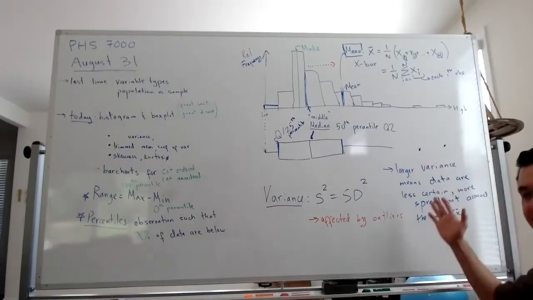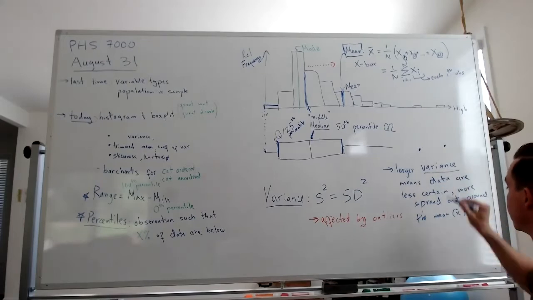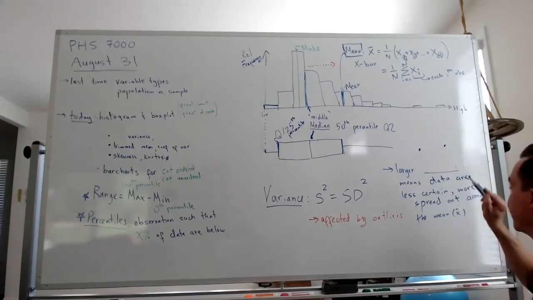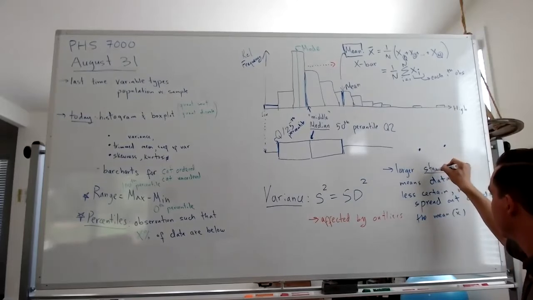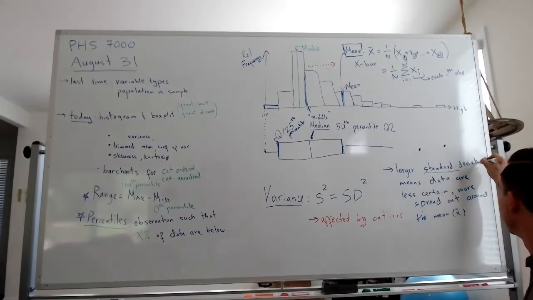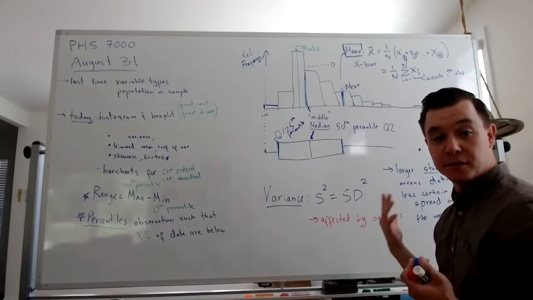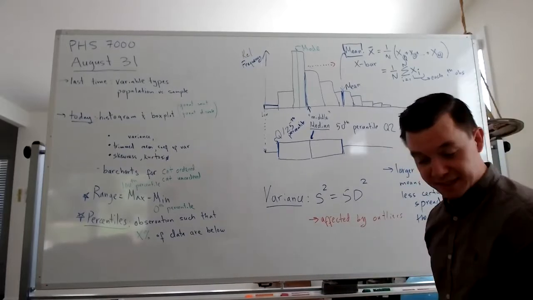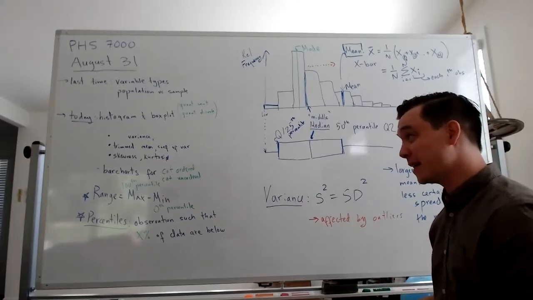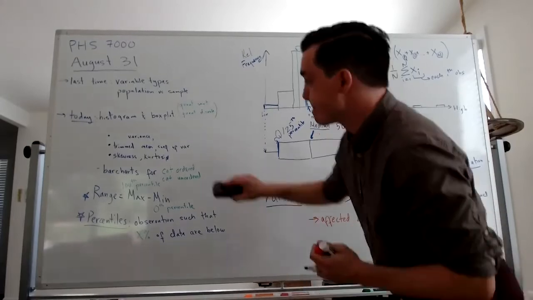And I can really write the same statement: larger standard deviation means data are more spread out around the mean, just flip the variance for a standard deviation, and this statement will still hold true. And the standard deviation has some intuitive meaning, average distance the data are away from the mean. The variance does not have nearly as intuitive a meaning. Okay.